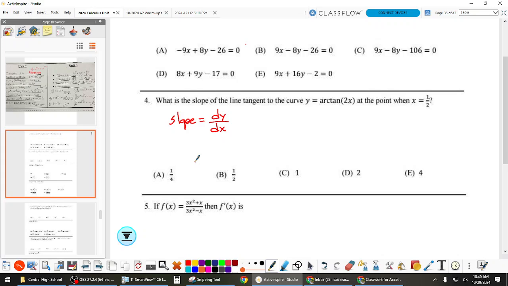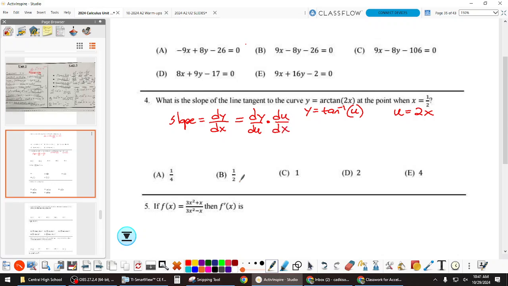Inverse. So we know it's going to be, and I don't know if this is helpful, but I would rewrite this as inverse tangent that way, because personally I don't like arctan as much. And this is where I would put a u in there, and then off to the side I would say u equals 2x. Okay, and then this is dy/dx = dy/du times du/dx.